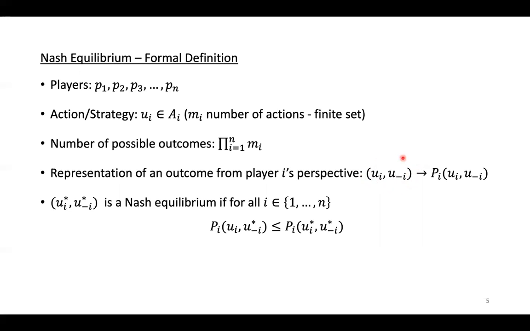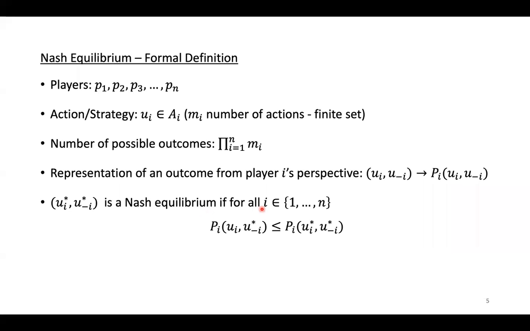For this possible outcome, I define a payoff function Pi for player i, which is a function of the actions picked by all n players. For the tuple ui comma u minus i, player 1 gets P1 of ui comma u minus i, player 2 gets P2 of ui, again u minus i, and so on. There will be n payoff functions.